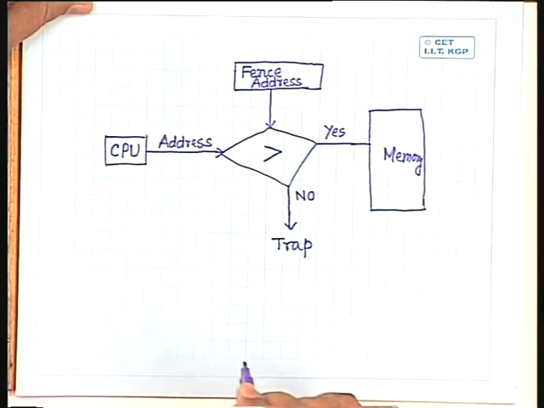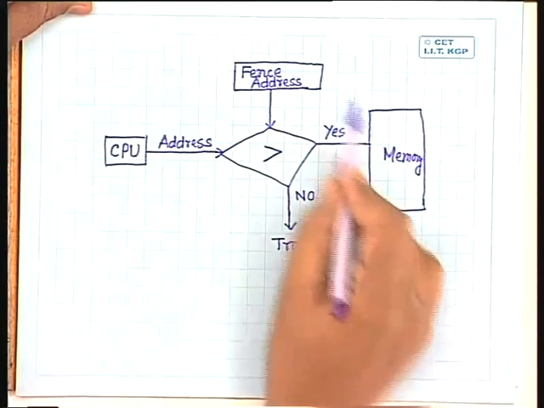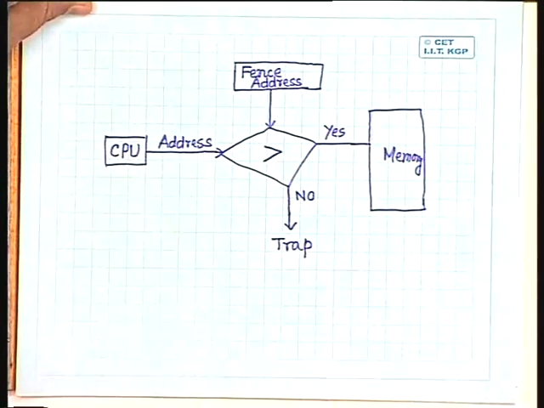Following this trap interrupt, the user program has to be terminated because it is trying to access memory which is not legal. So you make use of this simple strategy to protect the monitor part of the operating system from the user program.